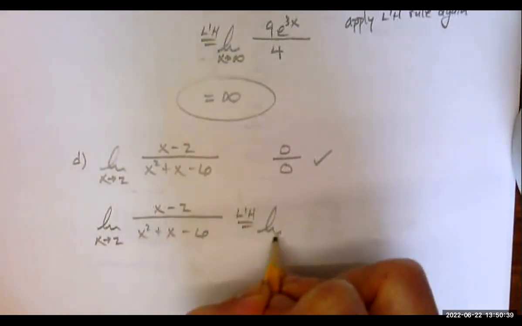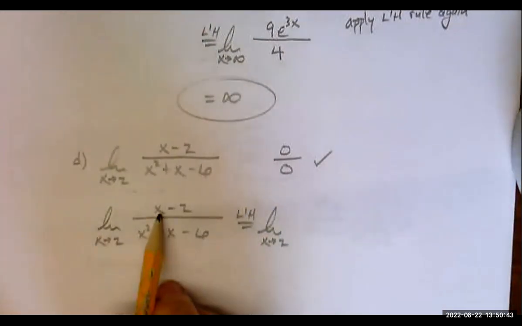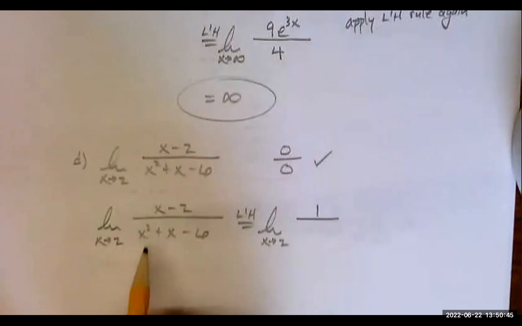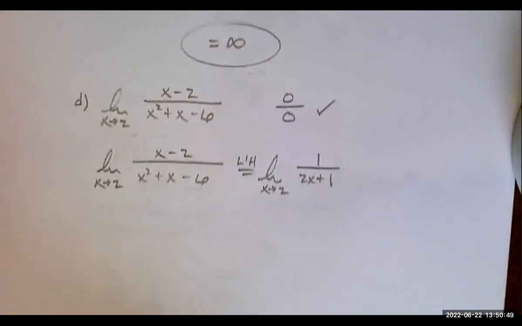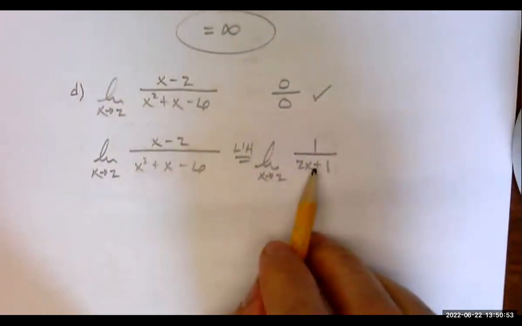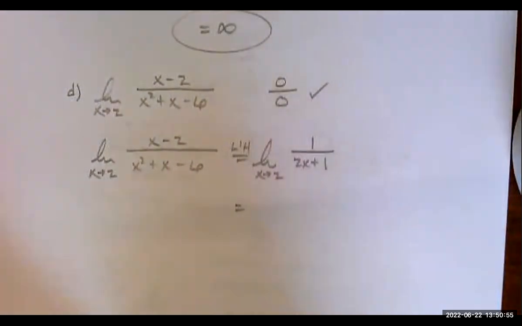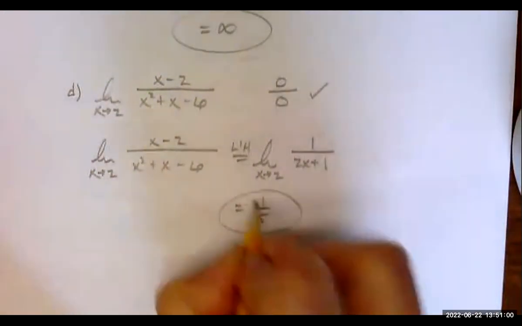L'Hopital, limit as x approaches 2. Taking derivatives, we get 1 over 2x plus 1. No problem. All looks good now. We can plug in and get our final answer. Plugging in the 2, 1/5.